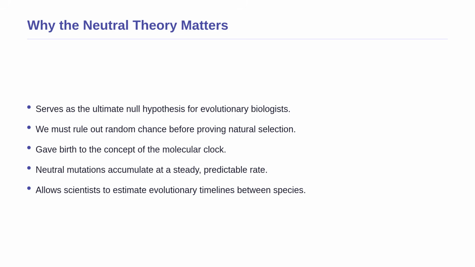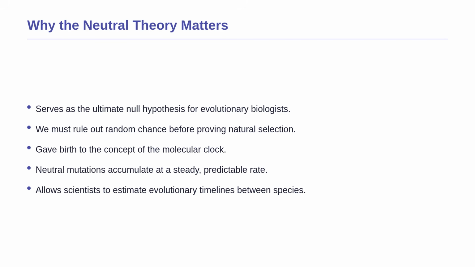Building on Kimura's definition, you might be wondering why we care about changes that do not actually do anything. The neutral theory is incredibly important because it serves as the ultimate null hypothesis for evolutionary biologists. If we want to prove that a specific trait evolved because it was beneficial through natural selection, we first have to prove that it did not just happen by random chance through neutral evolution.